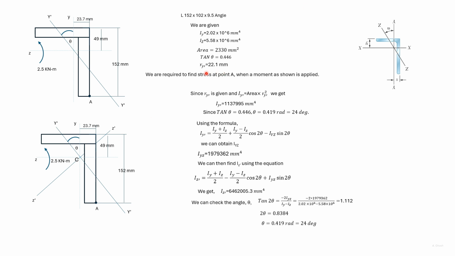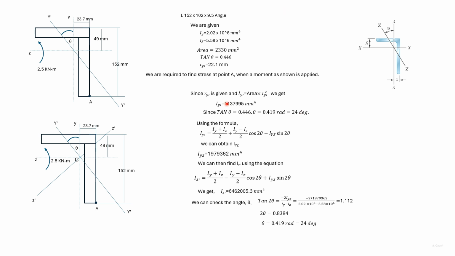Here, since r y dash is given, we can find I y dash. Also, since tan theta is given, we can find theta in radians or in degrees.